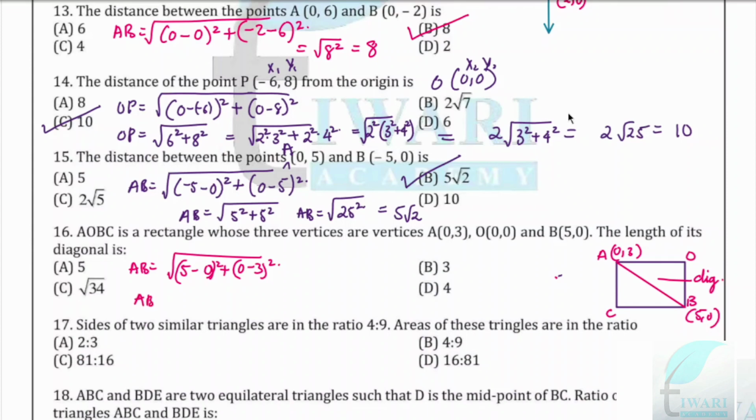So AB will be equal to under root 5 square plus 3 square. So AB can be written as under root, 5 square is 25 and 3 square is 9, that means root 34. So option C, root 34, is the right answer.